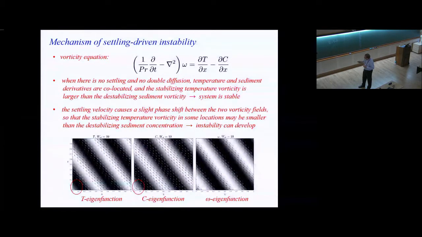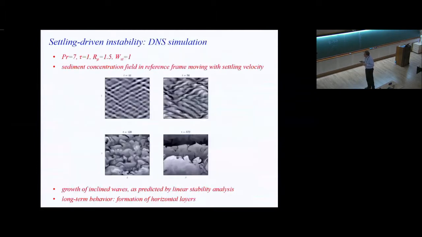And so here we show the eigenfunctions. You can see here the shift between the temperature eigenfunction and the concentration eigenfunction as a result of the settling velocity, and that gives us this vorticity eigenfunction, which then leads to the growth of this instability. So let's do some DNS simulations in order to see what these instabilities look like.